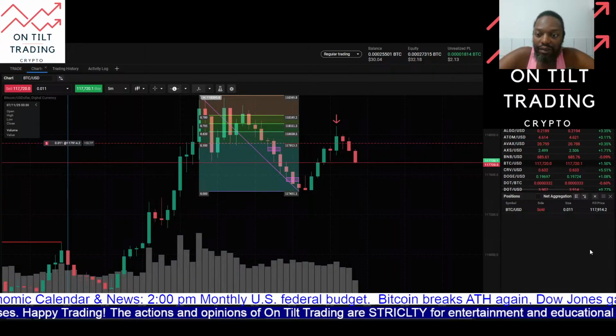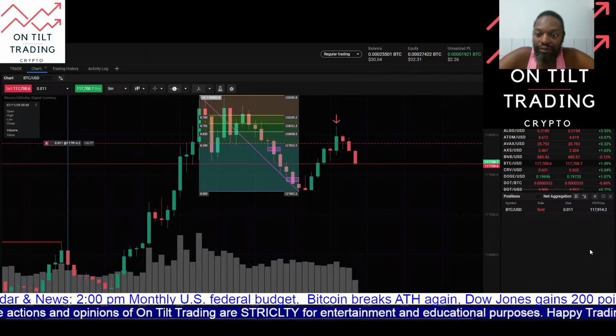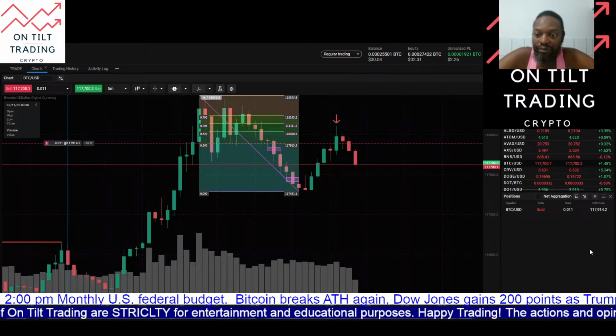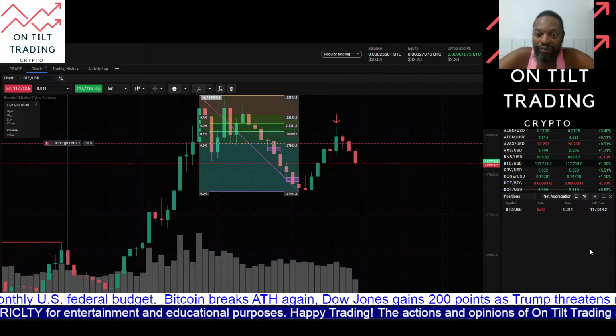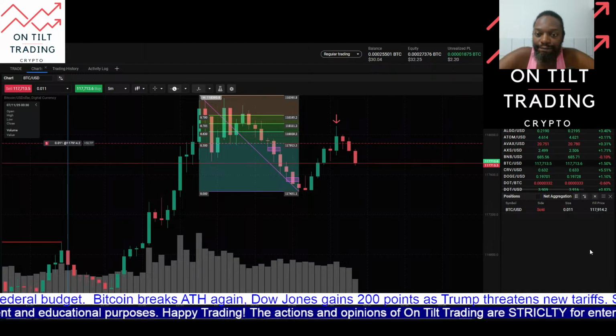And price testing the previous lows of the candle and trading through 117,700. Consolidating.